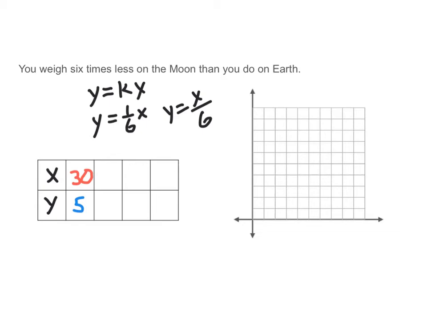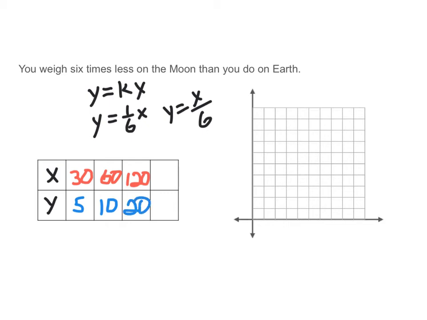So again, if we plug in, let's say 60, and we weighed a sixth of that, then we would weigh 10 pounds on the moon. We could do one more. Let's go ahead and do 120. If you weighed 120 and we divided 120 by 6, then we would weigh 20 pounds.